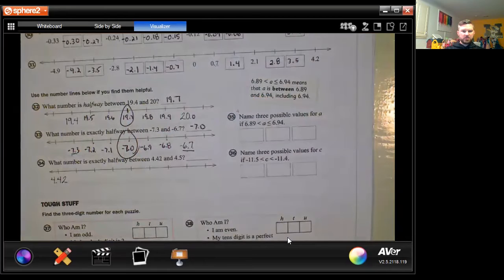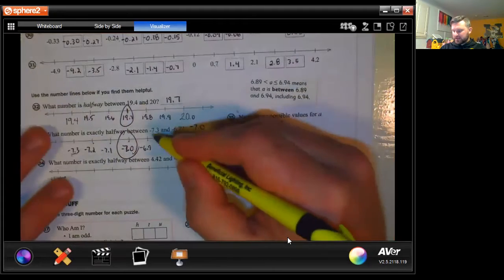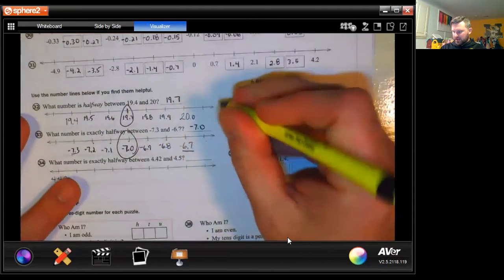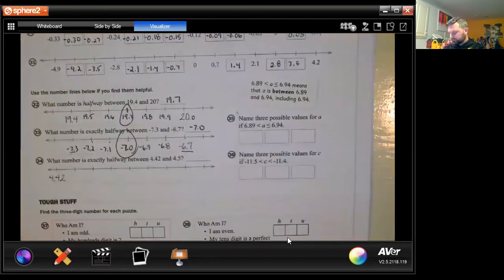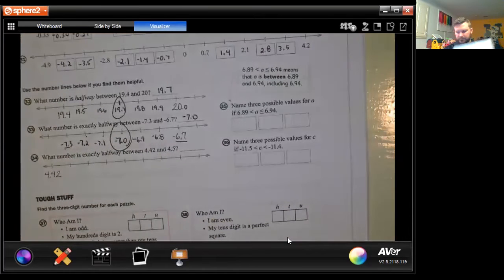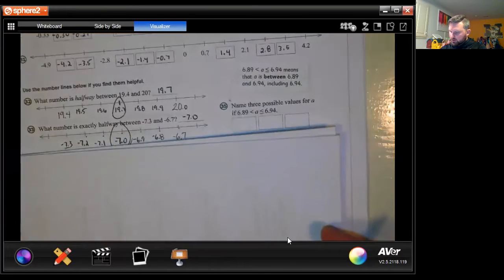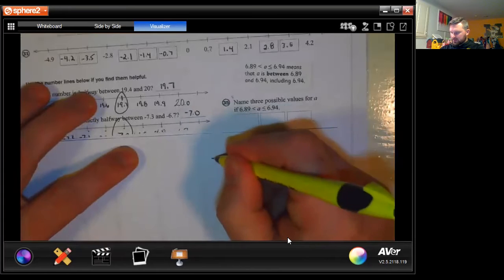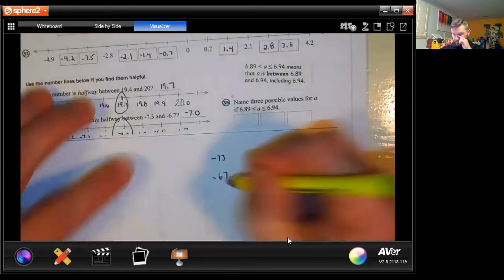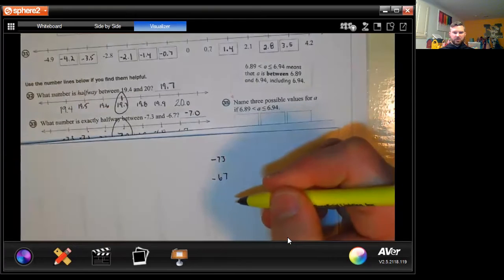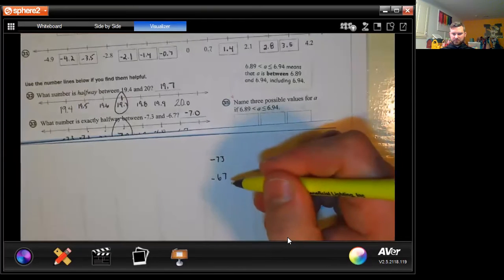You could also think of it this way. Let's forget the decimal for just a second. Let me write on some scrap paper here. Let's say you have the numbers negative 73 and negative 67. What number is halfway between those?